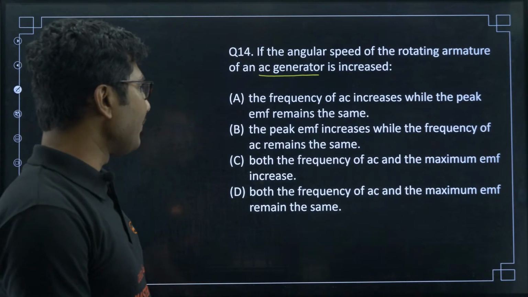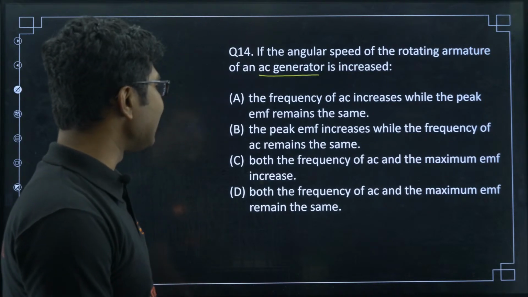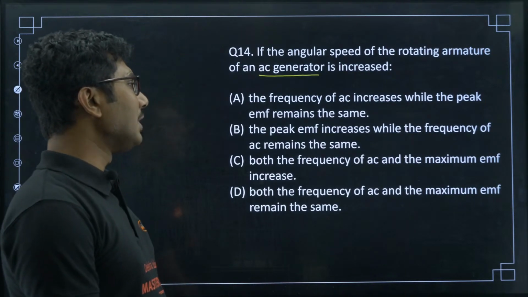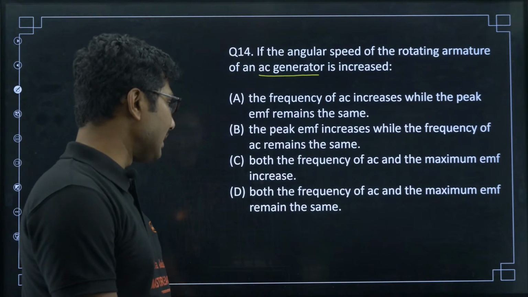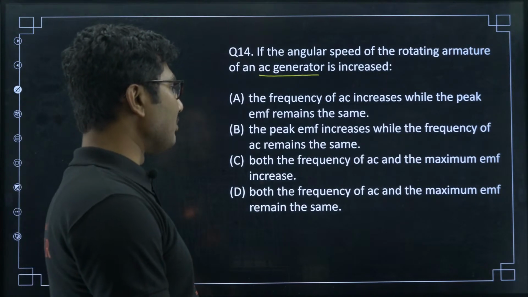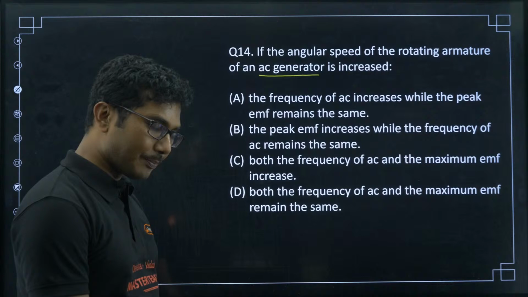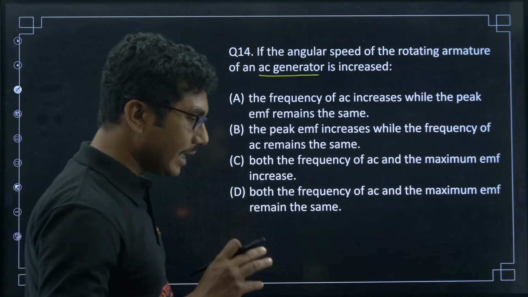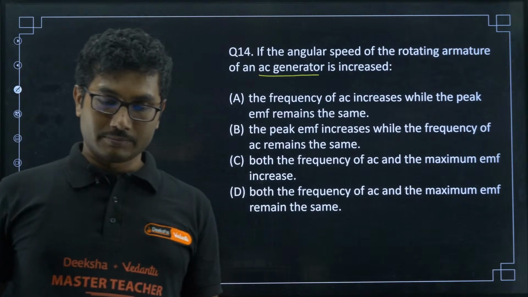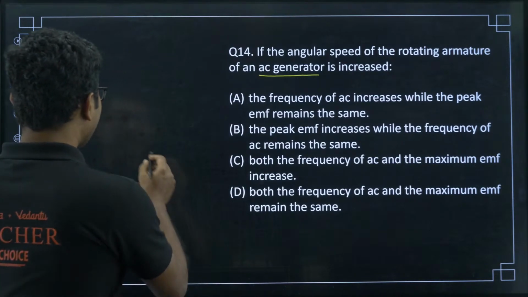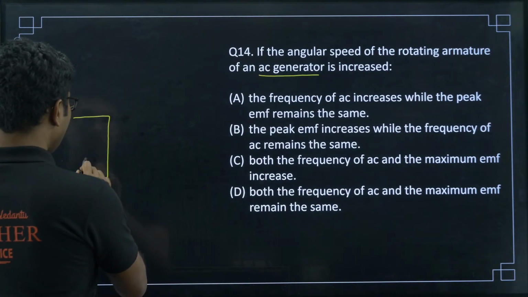The peak EMF increases while the frequency of the AC remains the same. Both frequency of AC and the maximum EMF increase. Both frequency of AC and the maximum EMF remain the same. So, what we are doing? We are rotating a coil linked with the armature coil. So, we have given one example that there is a north pole, south pole.